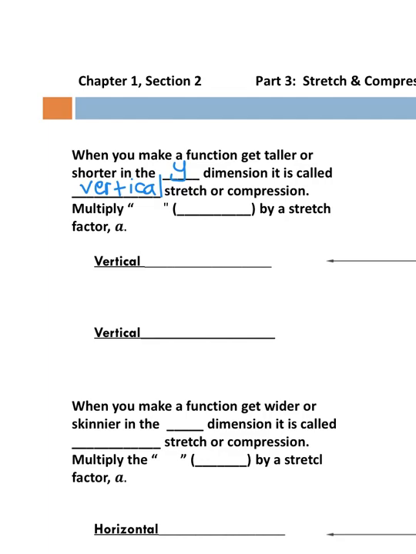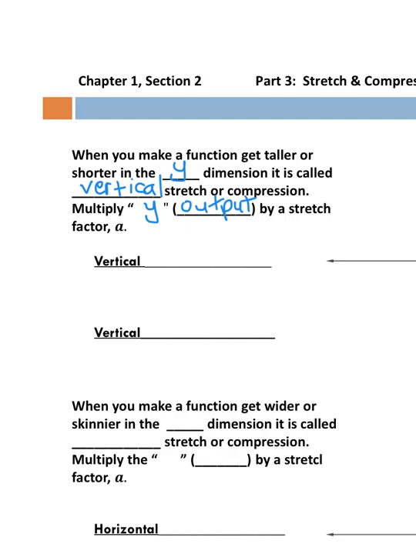And I think it's intuitive that if you're going to make your output bigger or smaller, then we're going to multiply our output (y) by some kind of stretch factor. The stretch factor can also be the same factor for compression. And in general, we're going to use the variable lowercase a to represent that factor.